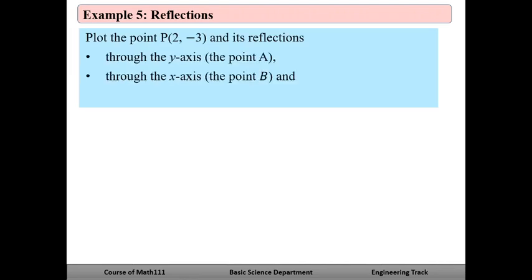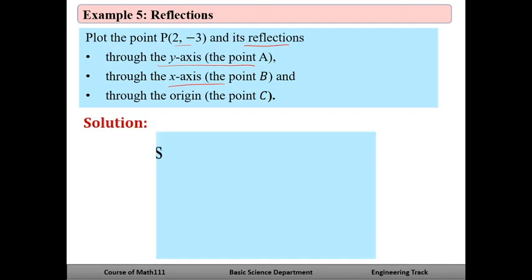Now let's look at these. Plot the point 2, negative 3, and its reflections through the y-axis and the x-axis and the origin. Okay, where is 2, -3? 2, -3 is here. This is our point.